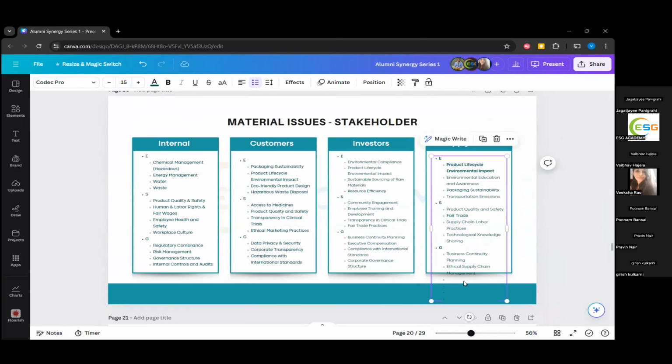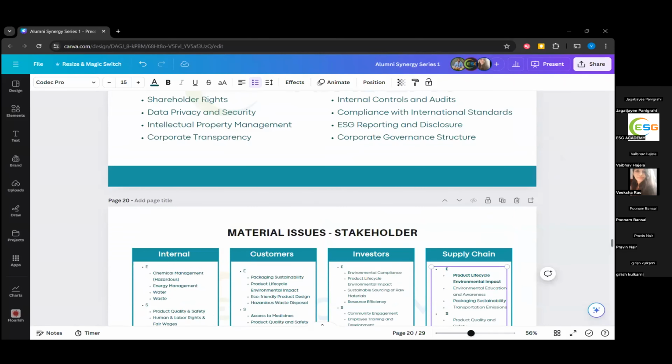What would be business continuity planning? Business continuity planning, to an extent, we can have this, wherein I am somebody who is buying some APIs or some goods from XYZ company. Here, I'm on the other side. What if this manufacturing company failed to supply some products that are relevant to me?